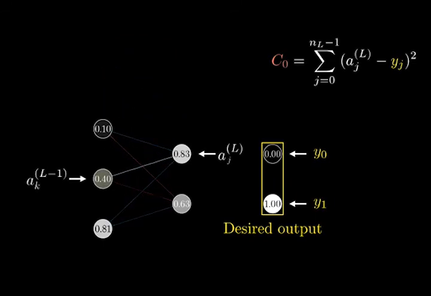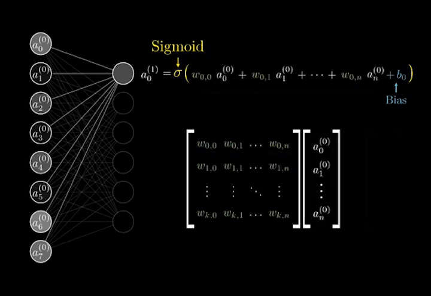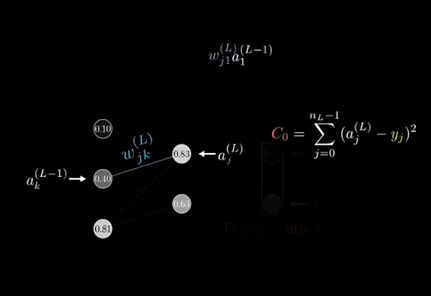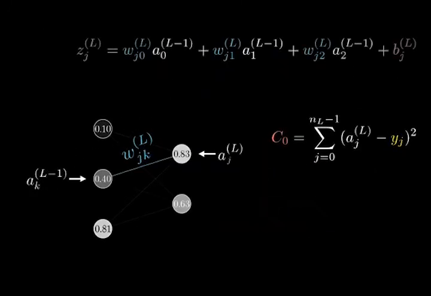So let's call the weight of the edge connecting this kth neuron to the jth neuron w_jk^L. Those indices might feel a little backwards at first, but it lines up with how you'd index the weight matrix that I talked about in the part 1 video. Just as before, it's still nice to give a name to the relevant weighted sum, like z, so that the activation of the last layer is just your special function, like the sigmoid, applied to z.